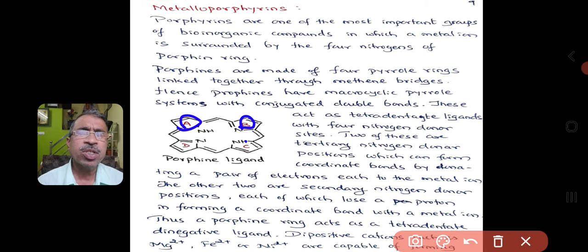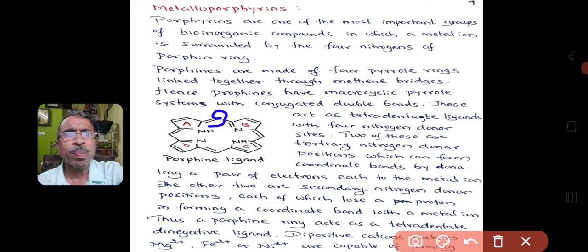So it contains four pyrrole rings, and these pyrrole rings are bridged through a methane group. So the pyrrole rings are linked through methane groups, CH2 groups.